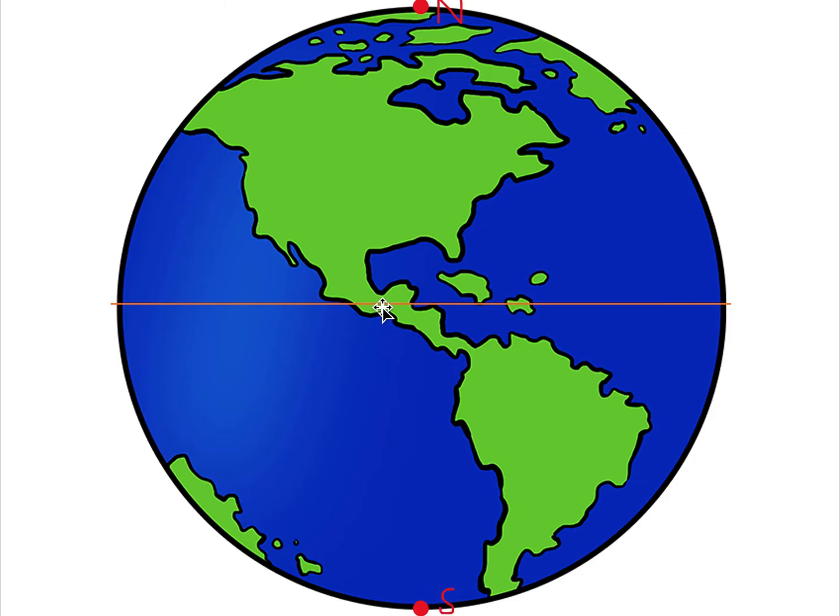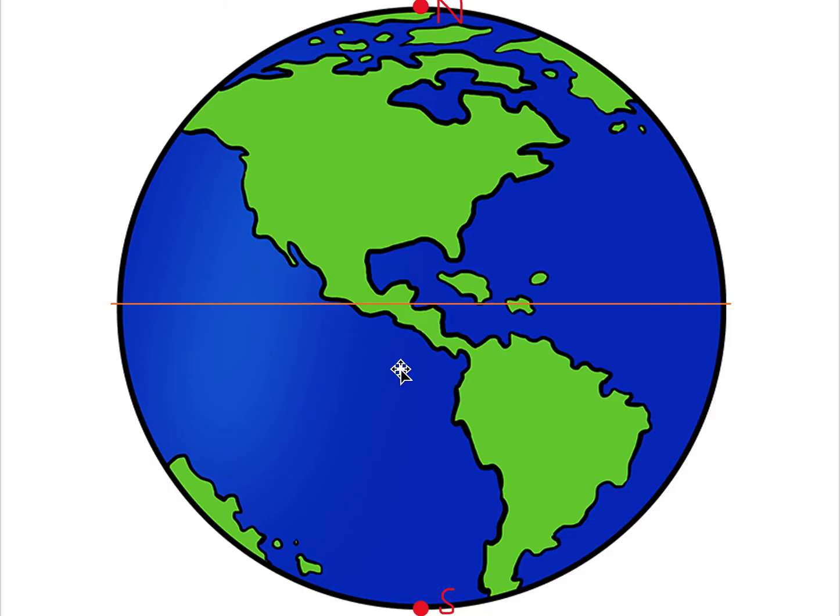So everything on the top of the line is the North, and everything on the bottom of the line is the South. This imaginary line is called an equator. We'll talk a little bit more about that later. But for now, we're going to talk more about the North and the South.